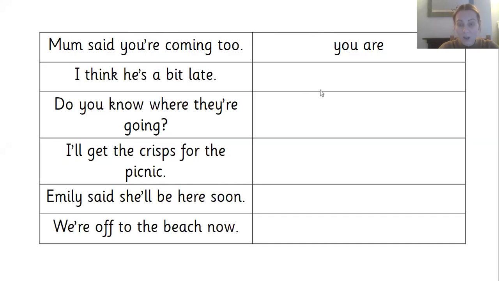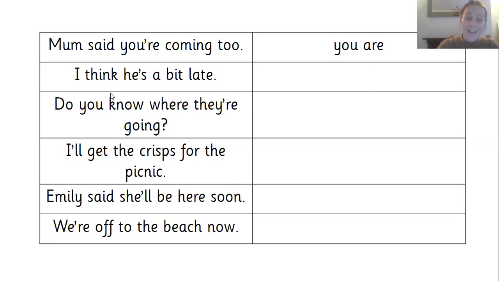And the second column shows the two words before they are squeezed together to make the contraction. So the first one has been done for you. It says, Mum said you're coming too. Now, the two words that have been squeezed together to make the contraction are you and are. And those two words are written here on this side of the table.